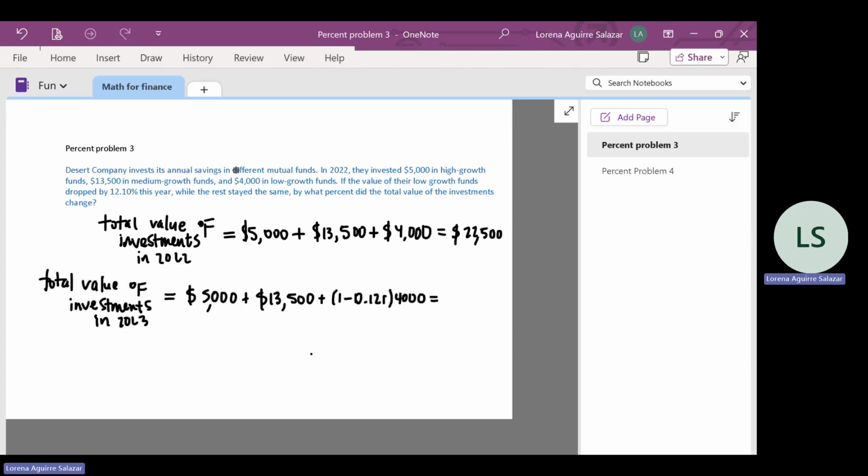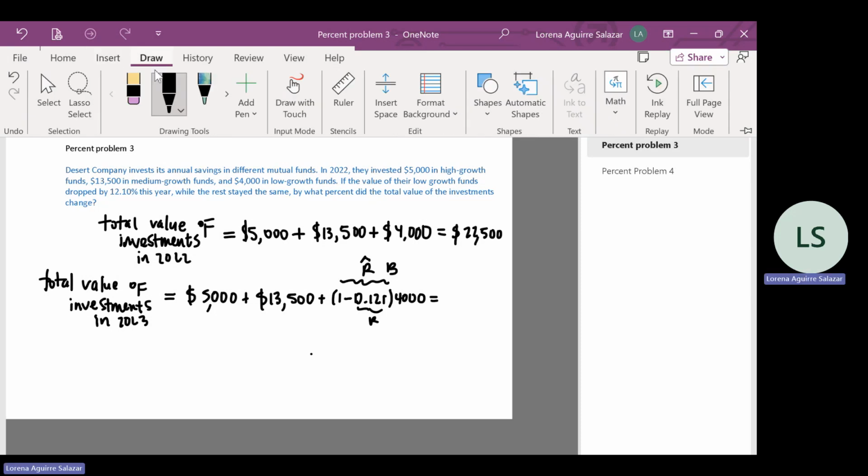Then we take 1 minus 0.121. This is that rate that they gave us there. Multiply that value by 4,000. So here we're doing a total rate, a big rate, multiplied by the base, and that will be the new value, new amount that is invested in low growth funds.